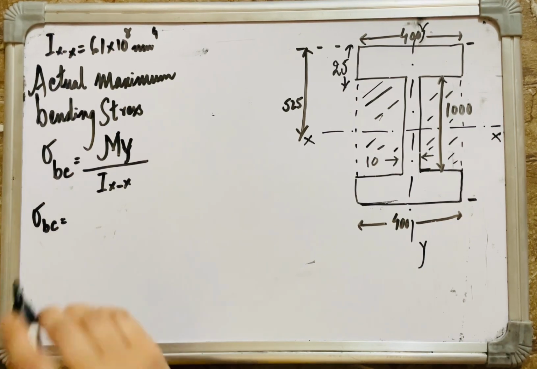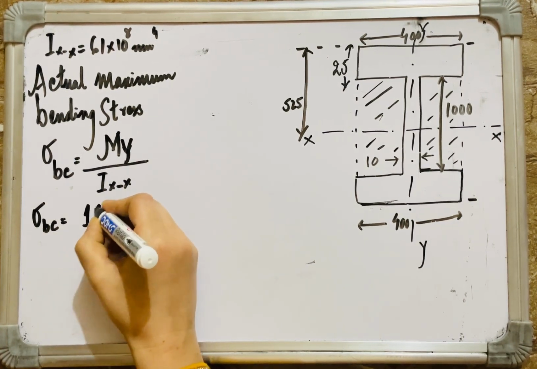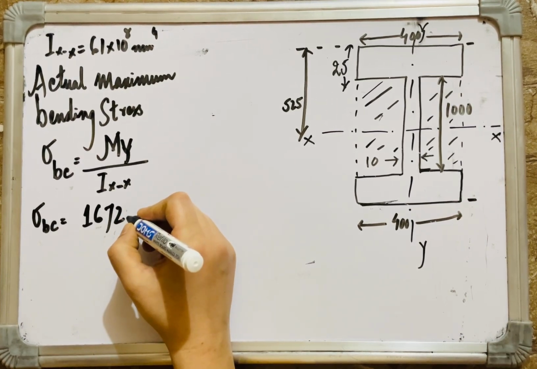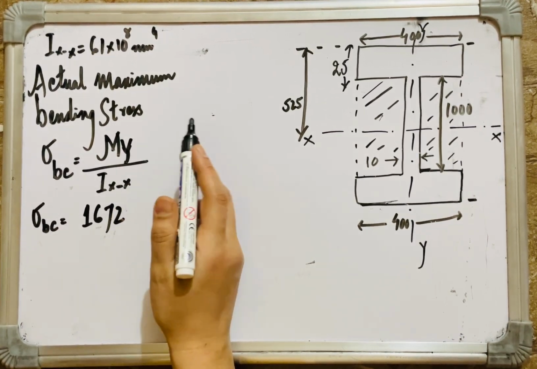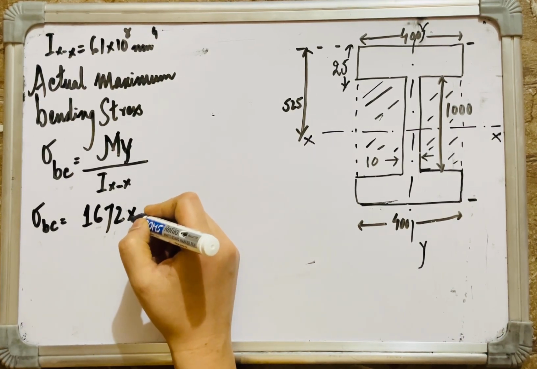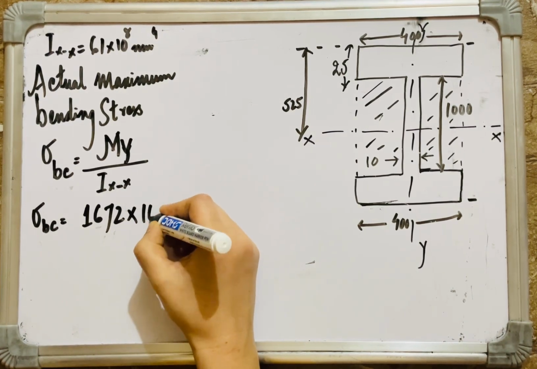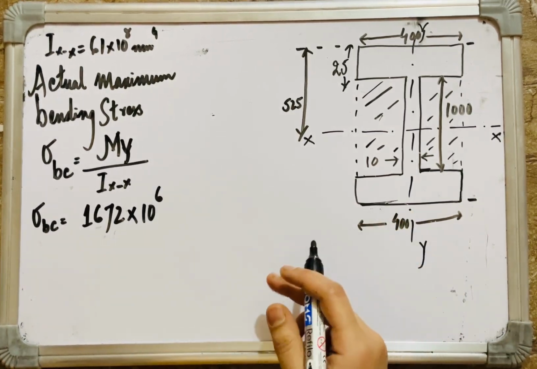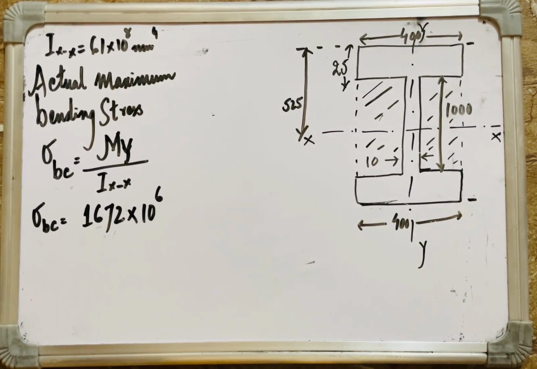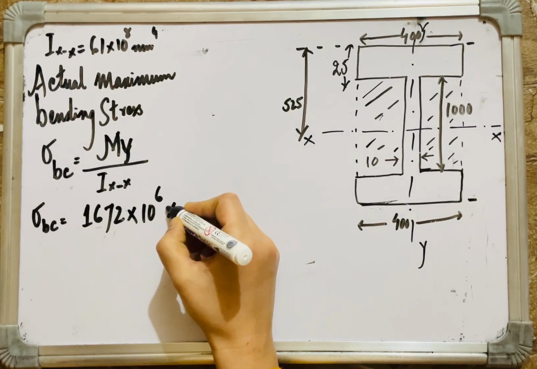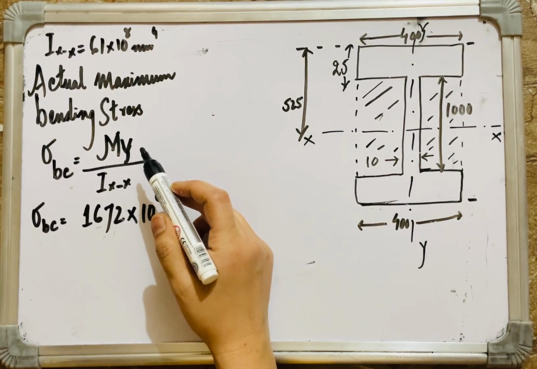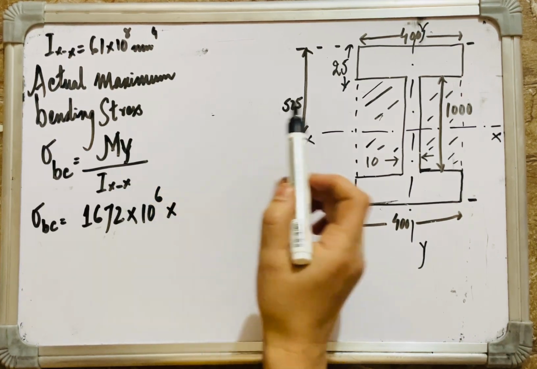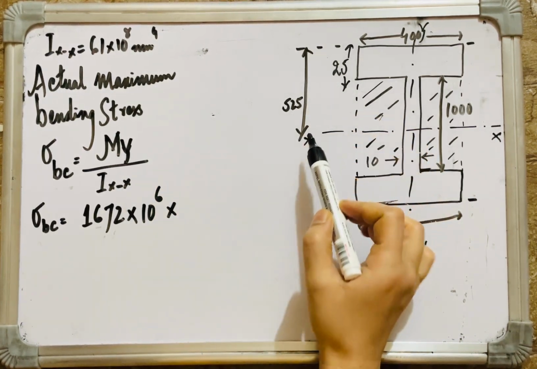So let us take 1672, but for the sake of dimensional homogeneity, because the unit is kilonewton meter and we have here dimensions in newtons and mm, so into 10 raised power 6. This was our design moment on which we designed or selected our trial section of the plate girder, multiplied by y. This is the depth of the neutral axis. All right, this is how much from this? It's 525.